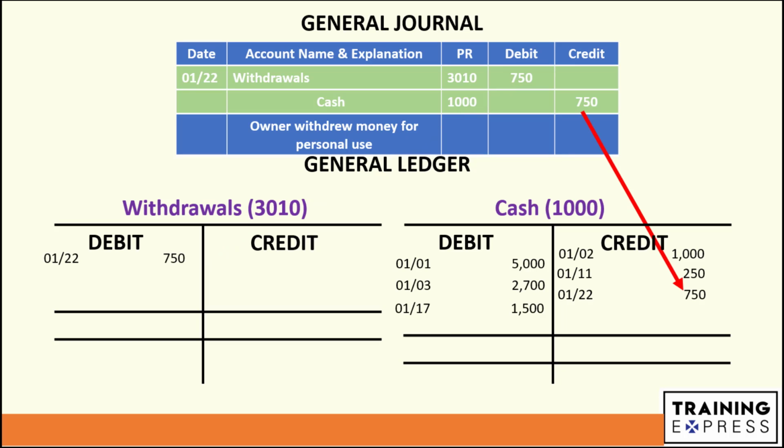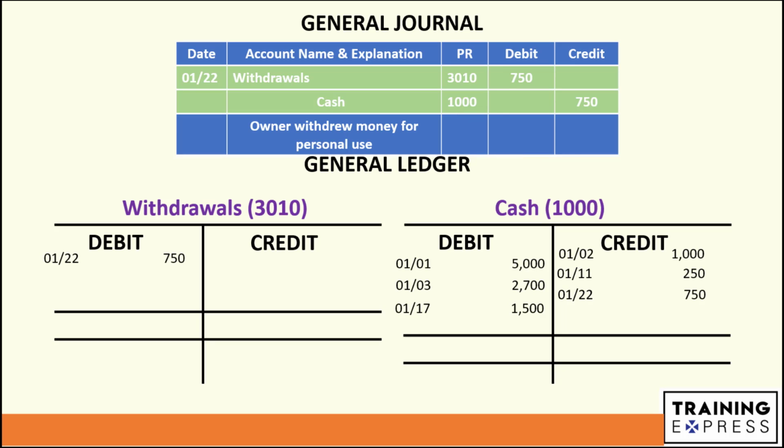Cash is credit by $750, so we are writing $750 on the credit side of cash account. Let's check out the posting reference again. You can see withdrawals posting reference is 3010 and cash posting reference is 1000.